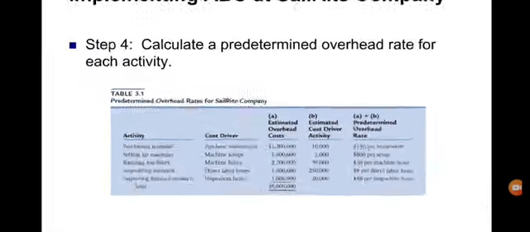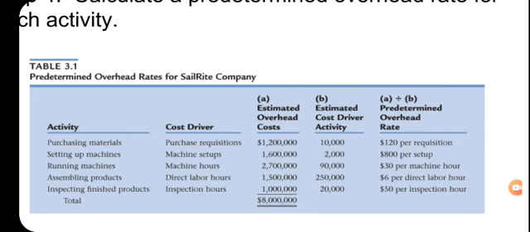So see here, the estimated overhead cost for activity 1 is 1.2 million divided by the allocation base 10,000 purchase requisitions. So the predetermined overhead rate is 120 per requisition.